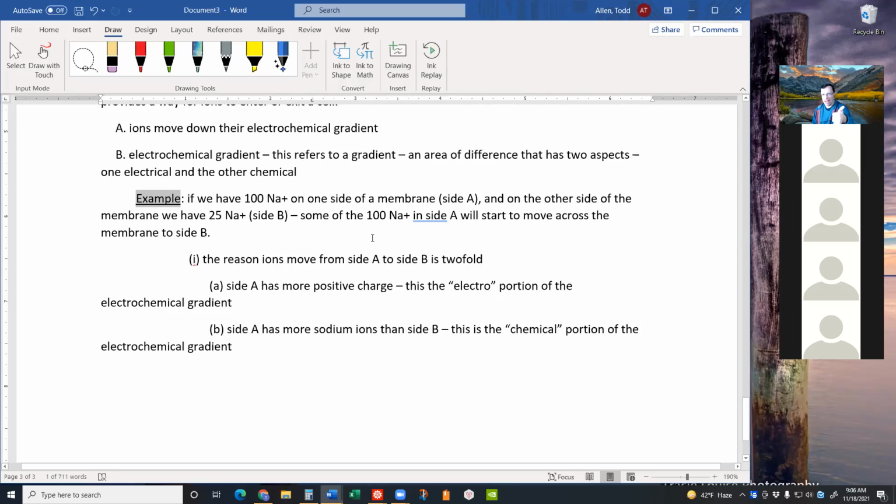Because side A has more positive charge, and side A also has more ions than side B. So the more positive charge is the electrical portion of the electrochemical gradient, and the larger number of ions, or atoms, is the chemical portion.